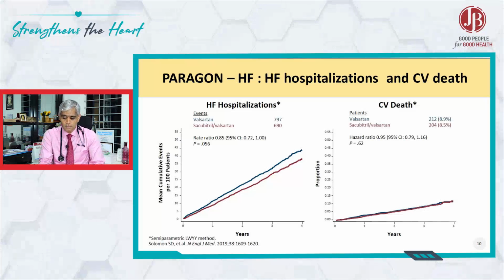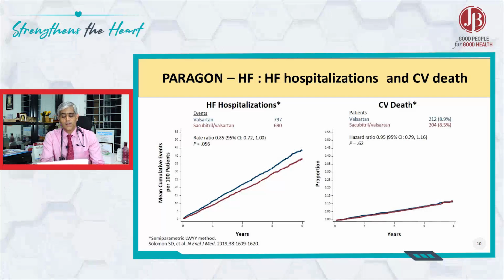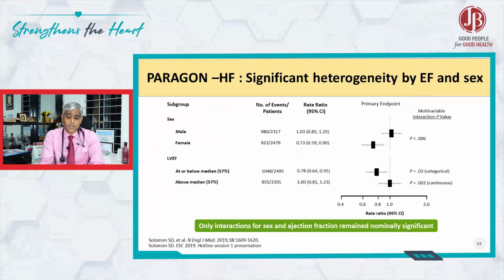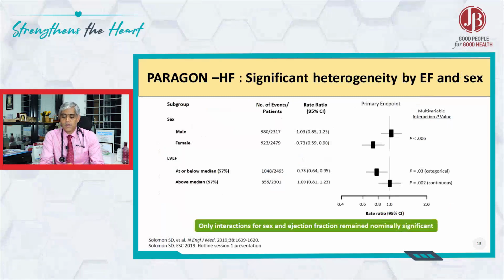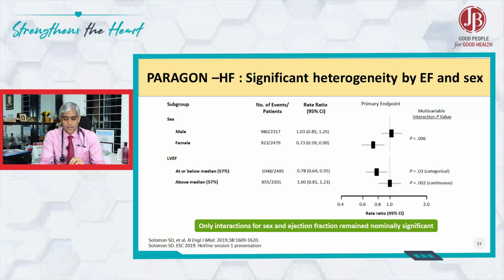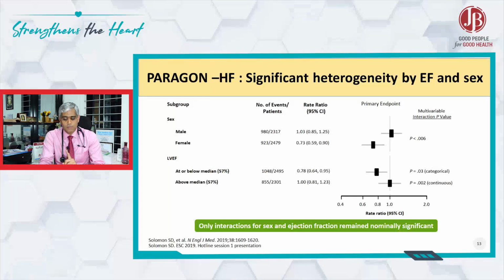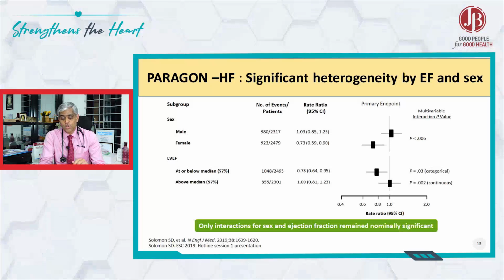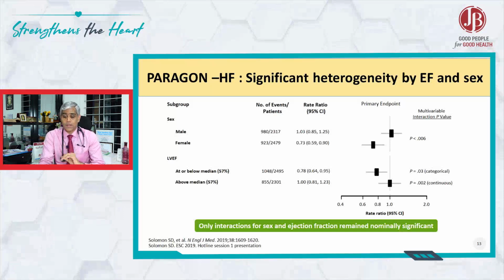Similarly, good benefits were shown across the EF. If we see the total HF hospitalizations and cardiovascular death by LVEF tertiles, ejection fraction less than 25%, it favors sacubitril valsartan, but the benefit is less as compared to those who are between 25 to 30 or 30 to 33, or up to 40%, where there is good benefit.